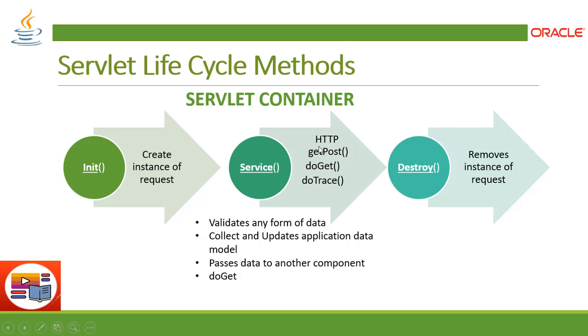The HTTP service method has a few methods, which are like override methods. All you have to do is override and come up with some kind of functionality, where inside you can validate any form of data, collect and update the application data model, or pass this data to another component and implement the doGet method. Now, what is the difference between doPost, doGet and doTrace?